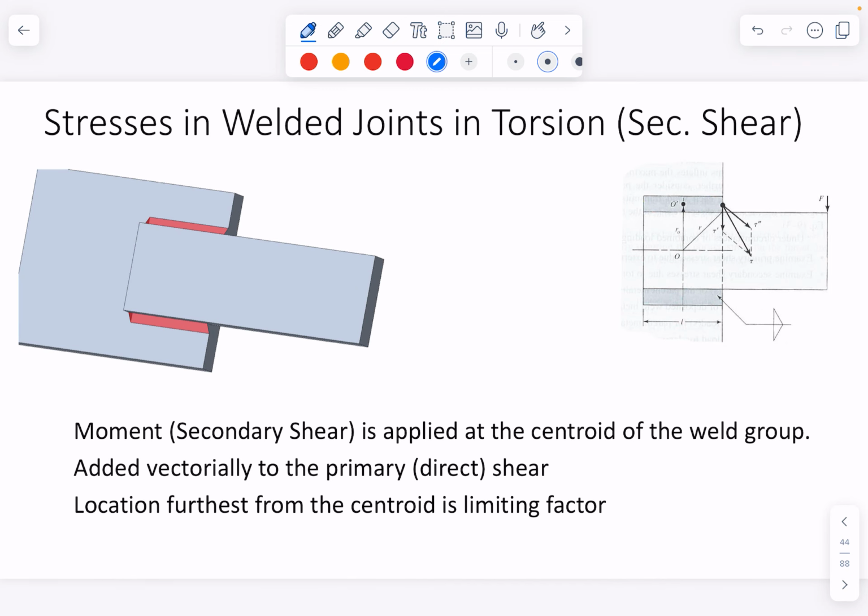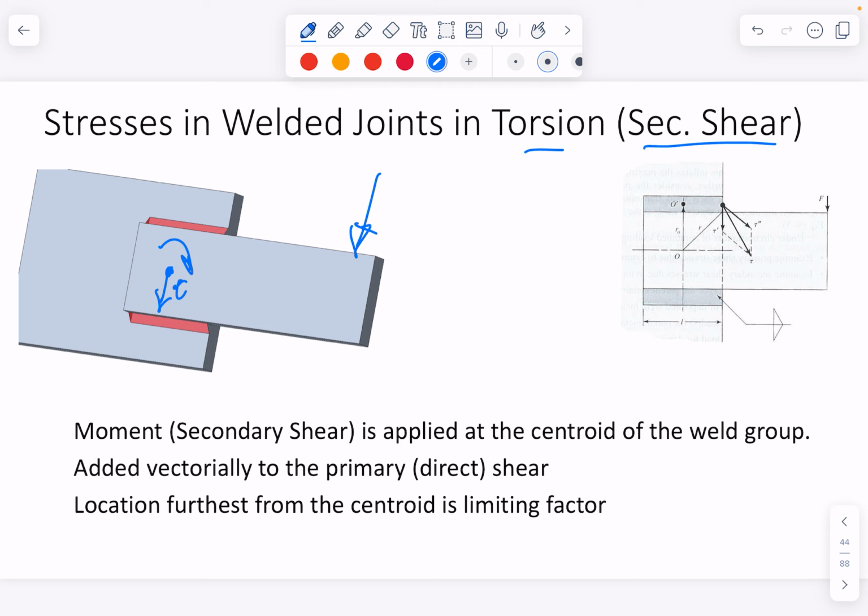We have what's called secondary shear or torsion, because never do we just put a pure shear on. It's almost impossible to put a pure shear onto something. So if I put a load out here, that equates to a pure shear as well as a moment acting about the centroid of the group.